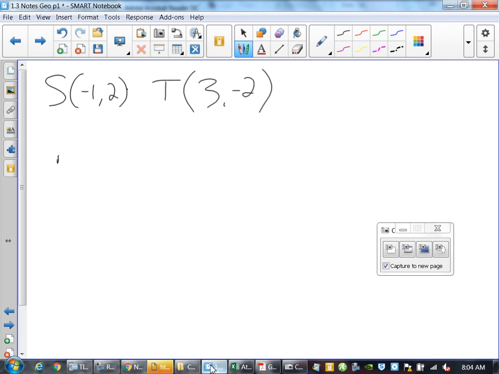Let's find the midpoint of ST, and then I want to find the distance of ST. Remember, that little D in front of a segment always stands for distance. So take a second. I want you to find the midpoint of it, find the distance of it, and then I'm going to throw one extra thing at it when we're done. Let's see if we can figure that out.